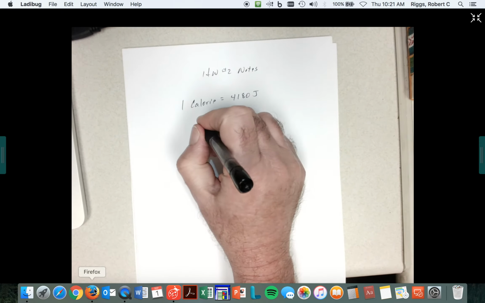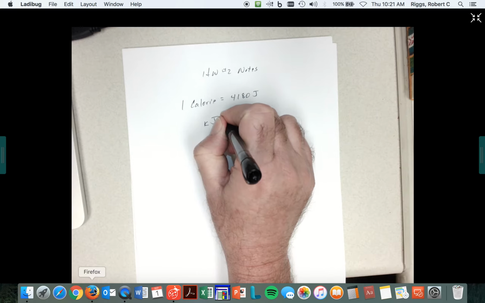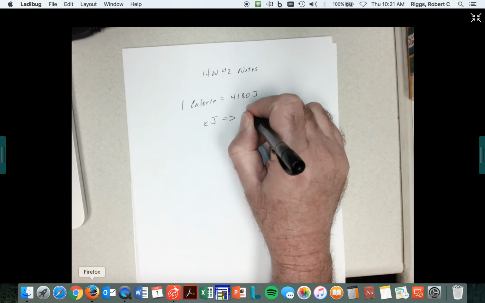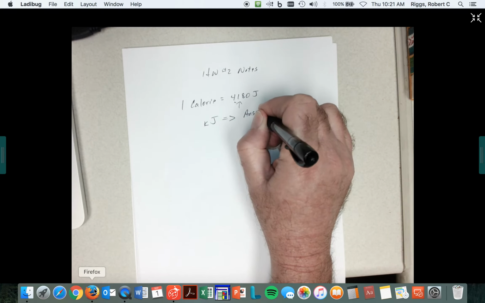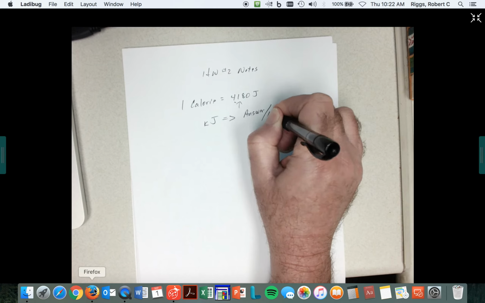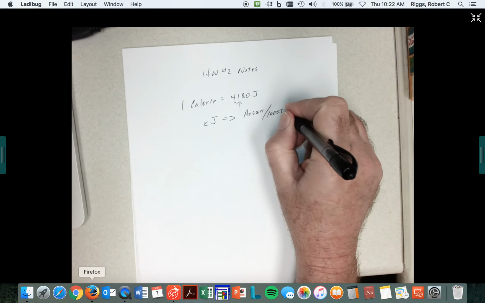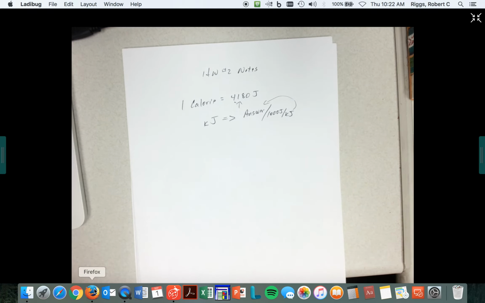But remember, if it's kilojoules, take your answer from this conversion up here and divide by 1,000, because there are 1,000 joules per kilojoule, so that brings it to kilojoules.